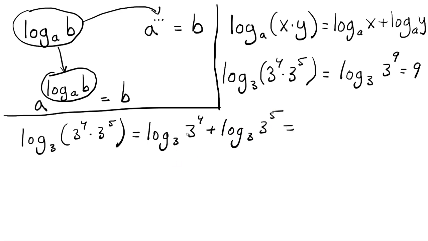The 3 logarithm of 3 raised to the power of 4 is equal to 4. And what should I raise 3 to the power of to get 3 raised to the power of 5? Of course, 5. So this is equal to 9. So you see, if I either do it directly, we get 9, or we use the rule here, we get 9. So this at least gives some confidence in the rule.